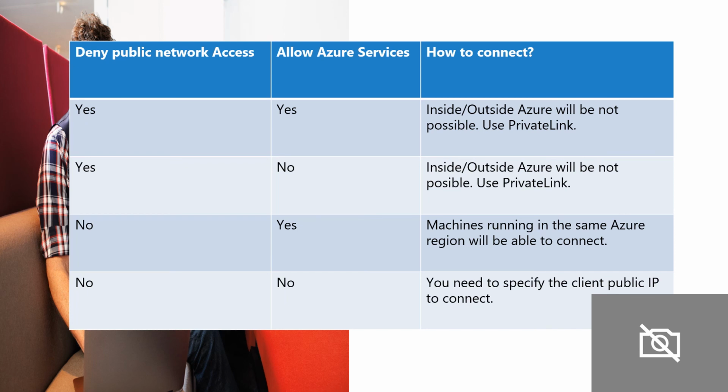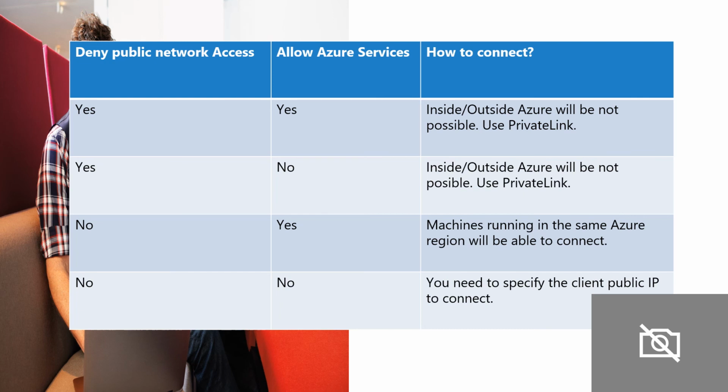When we have yes in deny public network access and no in allow Azure services, we have the same situation, because deny public network access will prevent access from the public and also from Azure services that are not running in the same VNet and subnet. So in this case, the best option is to use PrivateLink.